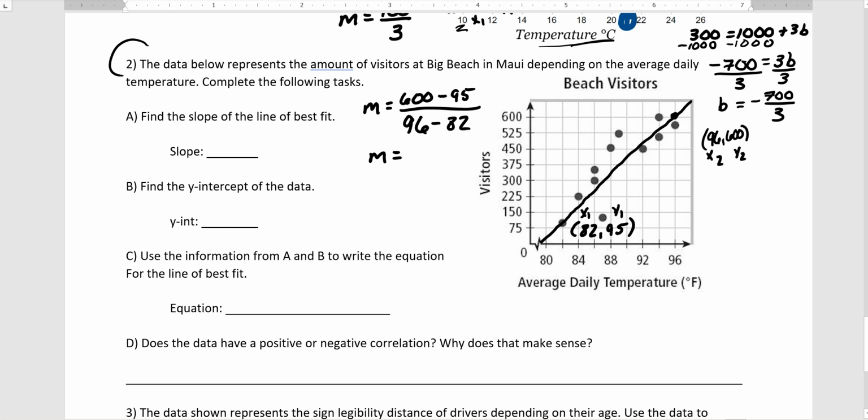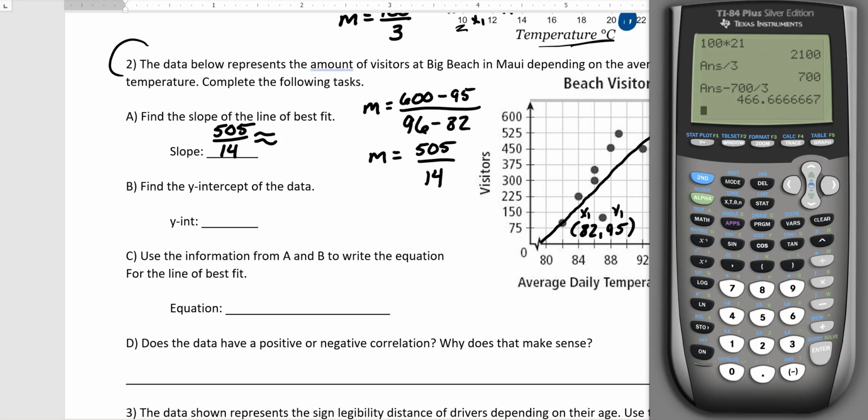So 600 minus 95 would be 505. 96 minus 82 would be 14. 505 over 14 would be my slope. Has a decimal. Let's see about what that equals. So 505 divided by 14 equals 36.07.